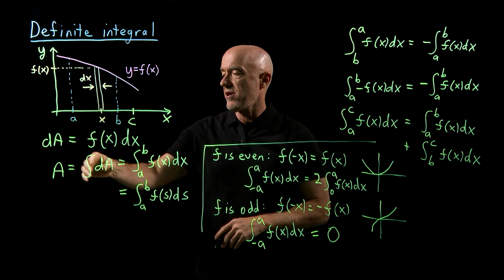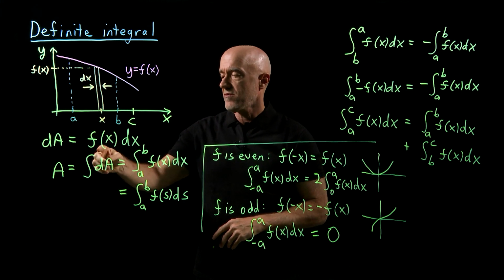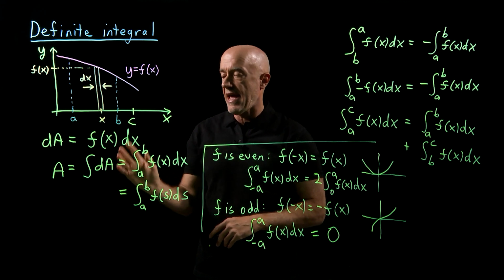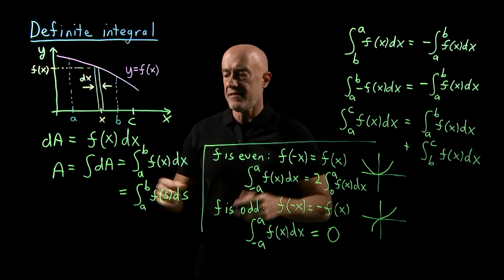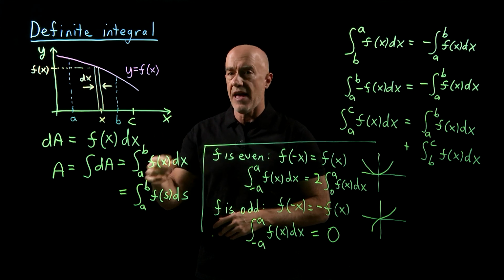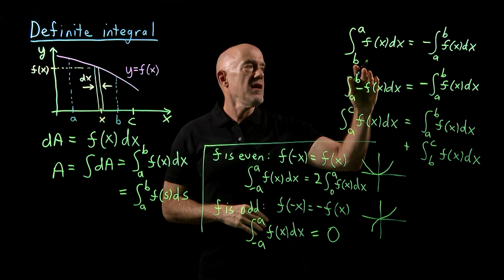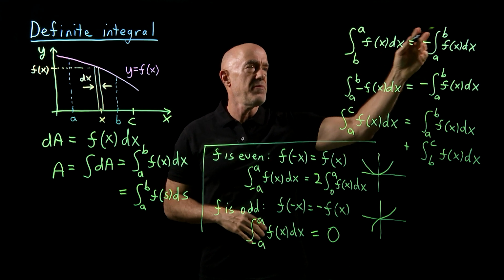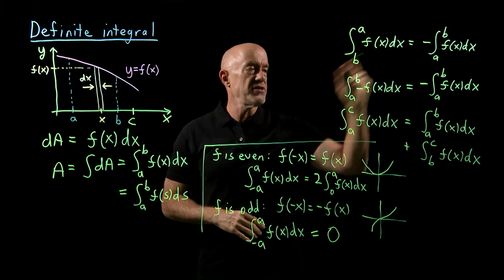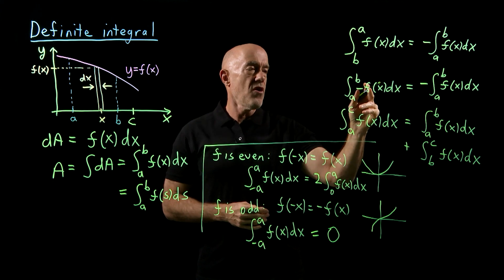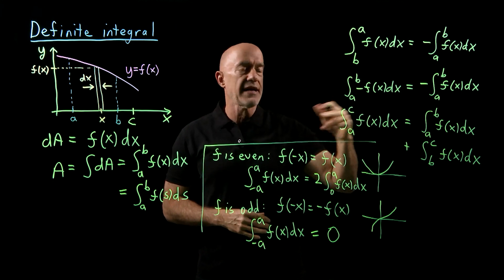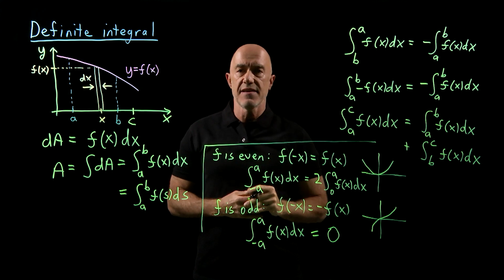And then the area we write as this integral, the big S symbol, dA. And we say it's the integral from a to b of f of x dx. Then we extend that definition to the case where instead of from a to b, we have b to a, which changes the sign of the integral. Or if the curve is below the x-axis, it counts as negative area.